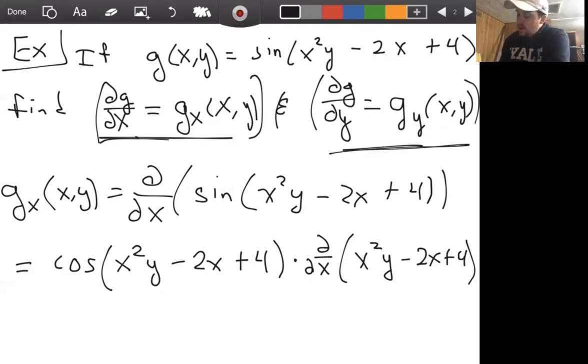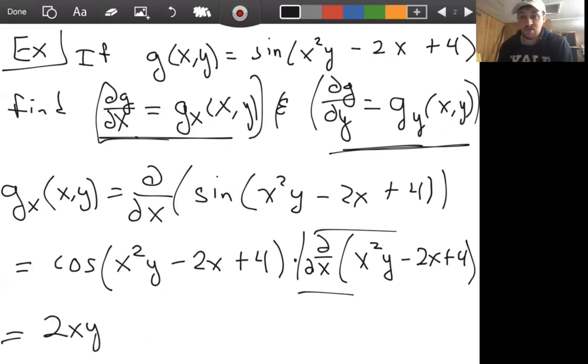And so I'll calculate this derivative first here. Well, the partial derivative of the term x squared y, we're taking the derivative with respect to x, and y is a constant. So the derivative of this term is 2xy, because it's a power rule in x, but y is a constant.